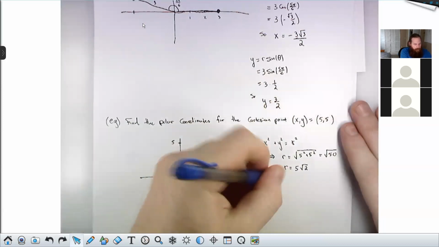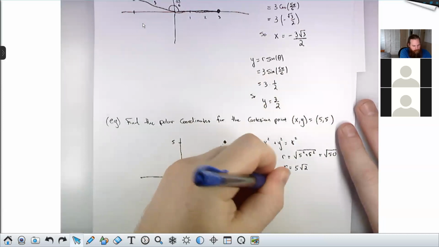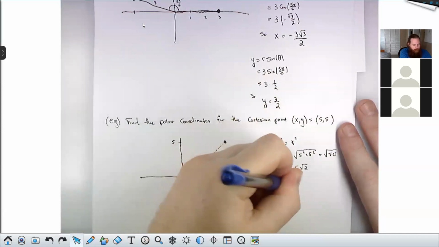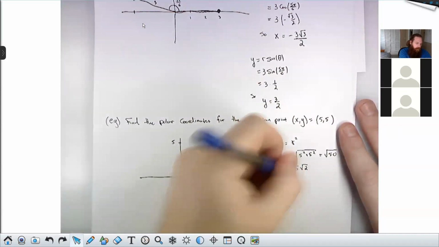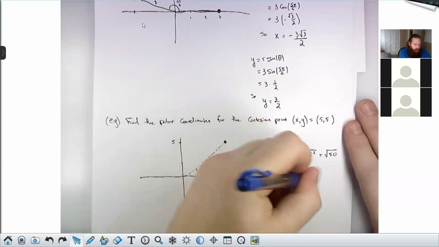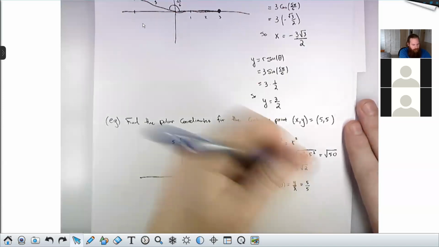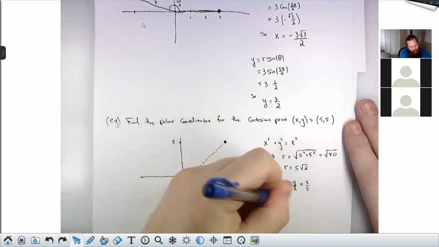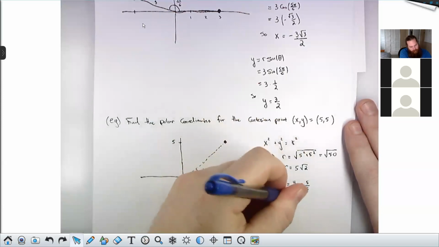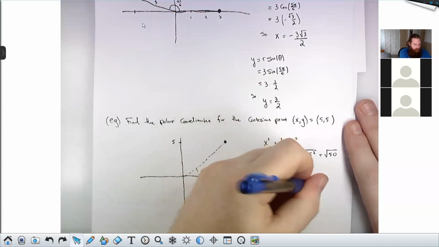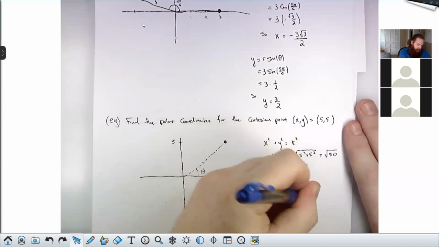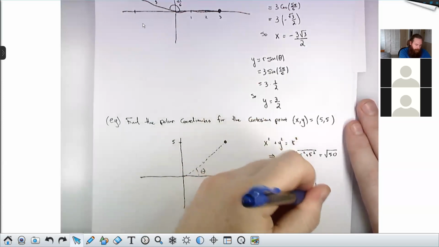And then I know that tangent theta is y over x. Y and x are both 5. So theta here is the inverse tangent of 5 over 5, which is 1. The inverse tangent of 1 is pi over 4.